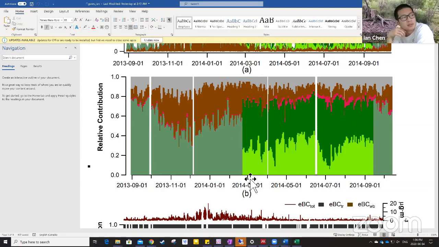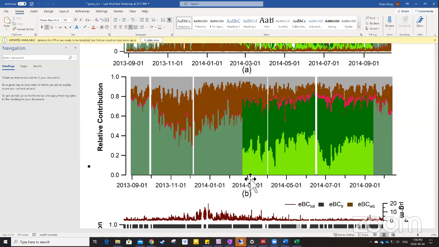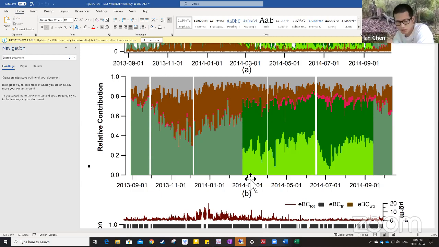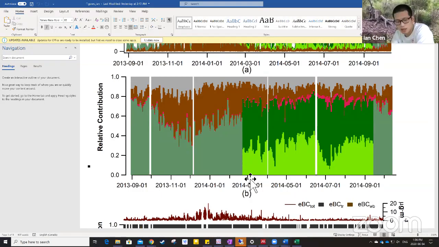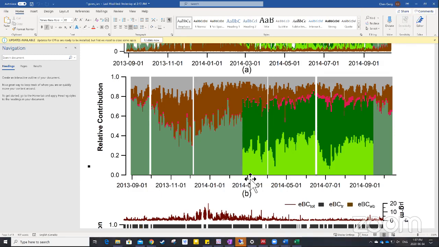Mata, in your previous PMF solutions, when you had this problem like I have right now, did you see a significant jump in your scaled residual during the transition period, when you look at its time series? I can't tell right now because I don't have it here. Okay. It's hard to find at this point, but I will come back to you with this. Sure.